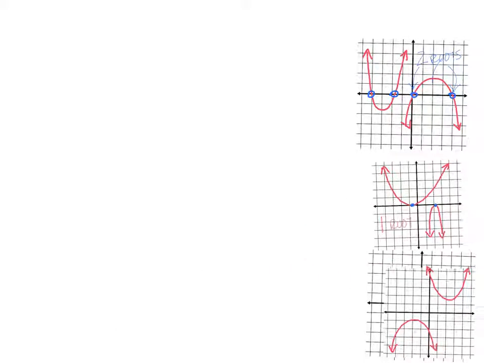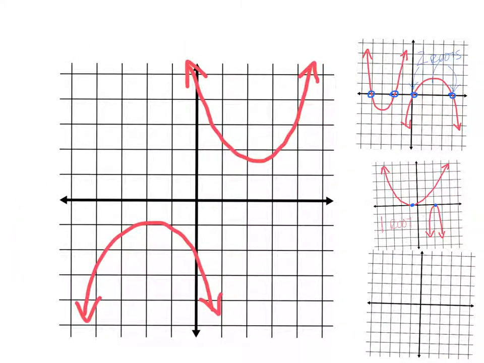And finally, we have our last scenario where it never intersects, so there are no roots. Or you could go ahead and just say there are 0 roots. And those are the three possible numbers of roots for any one of these quadratic functions.